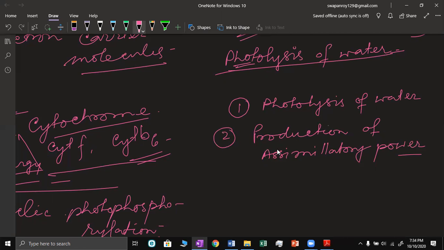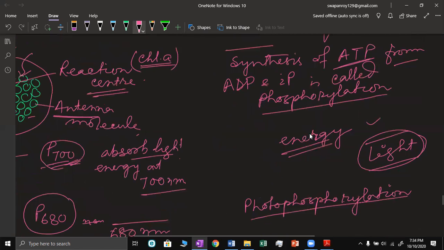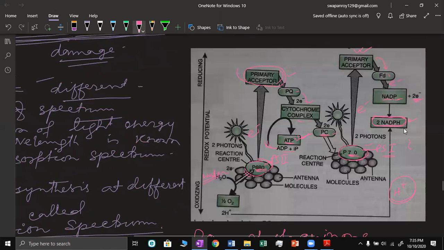Okay, what is this assimilatory power? It is NADPH2 plus ATP. Here ATP is produced, and at the end NADPH2 is produced. These are the assimilatory power, because this will be utilized for the assimilation of carbon dioxide.